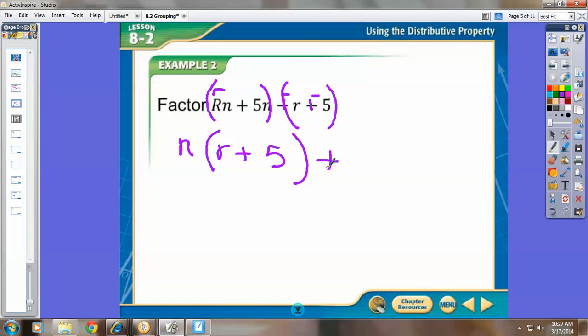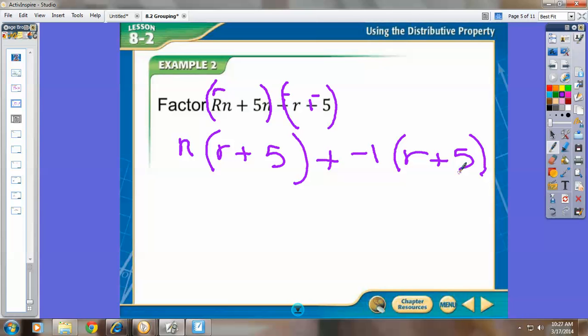Plus, because there's a plus sign here, what's my greatest common factor in the second group? -1. What do I have left when I factored out a -1? Well, -r divided by -1 is positive r. -5 divided by -1 is positive 5. Do we have the same thing in parentheses?